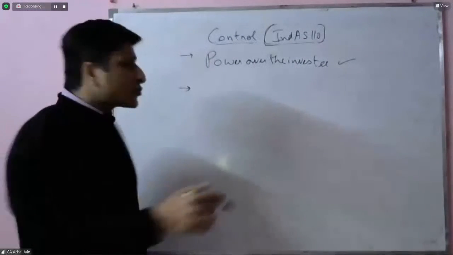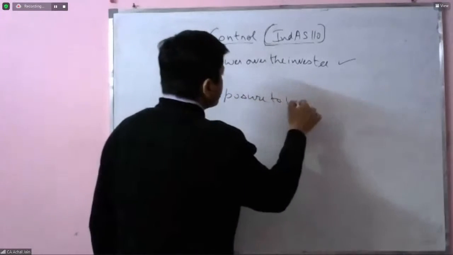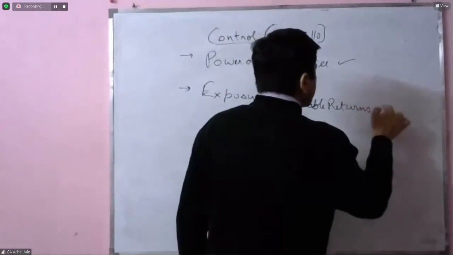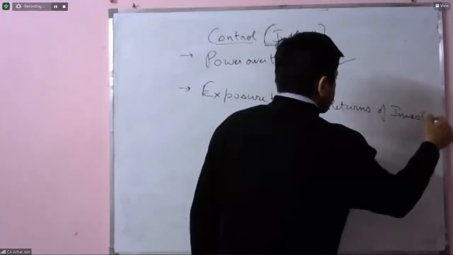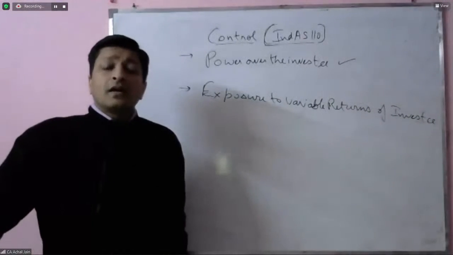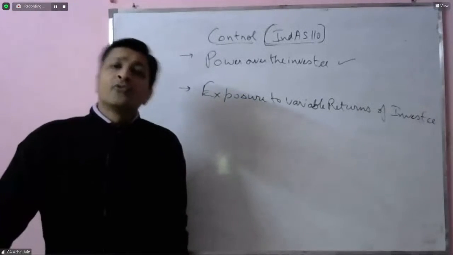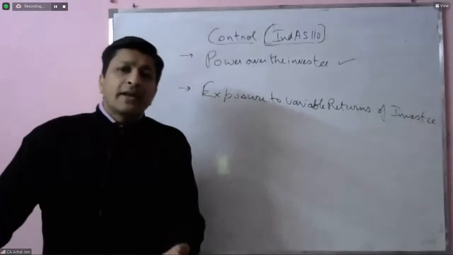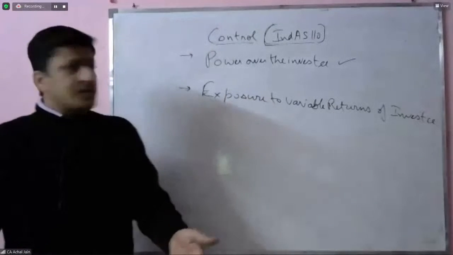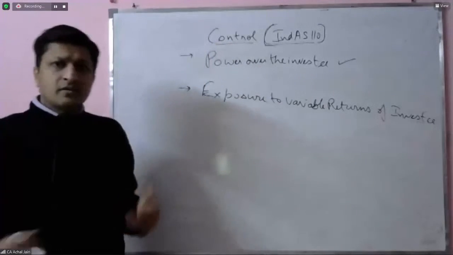Number two, the investor should be exposed to variable returns of investing. Now, what does it mean? It means A Limited should get exposed to variable returns of C Limited by acquiring the business of C Limited. If that happens, then we will say the second criteria of control is established. Now, how is this possible?